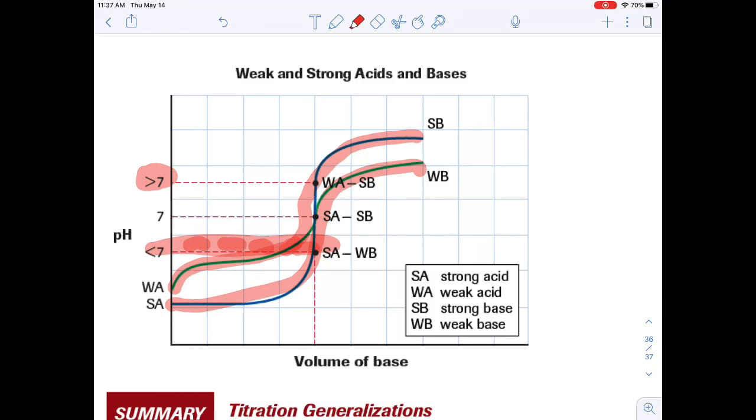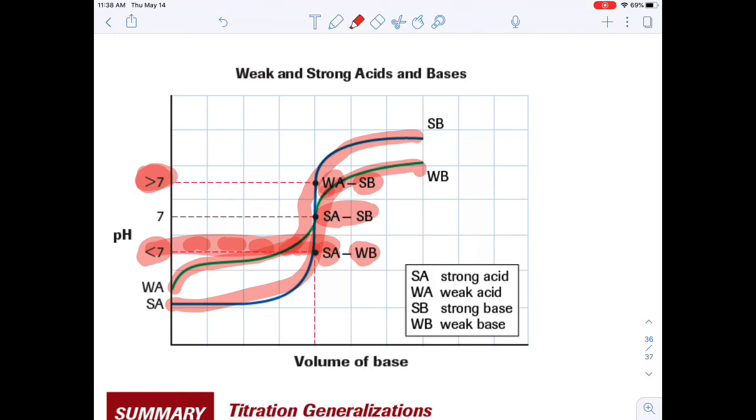So a pH of 7 is what we'll think of for a strong acid and a strong base. If it's a strong acid and a weak base, the pH of the equivalence point will be less than 7, but think, strong acid. And if it's a weak acid and a strong base, the equivalence point will be greater than 7, think stronger base. So it's going to be a more basic pH for the equivalence point.